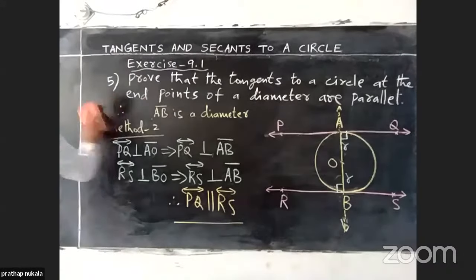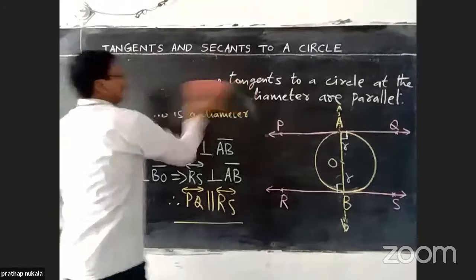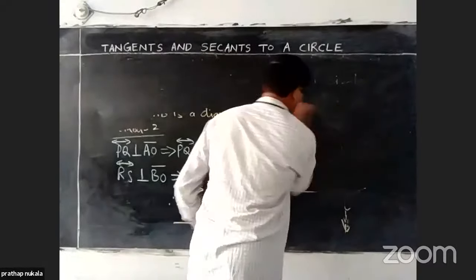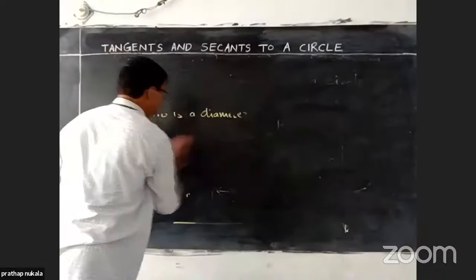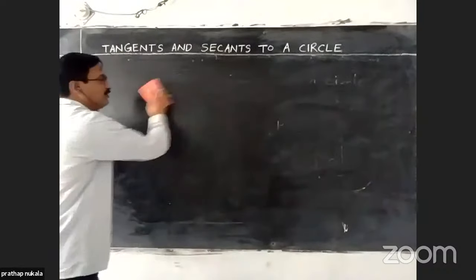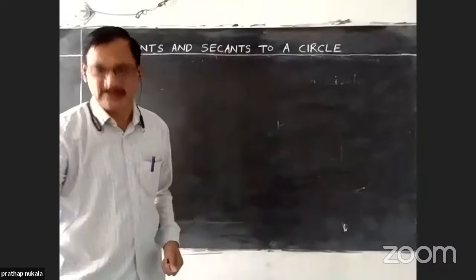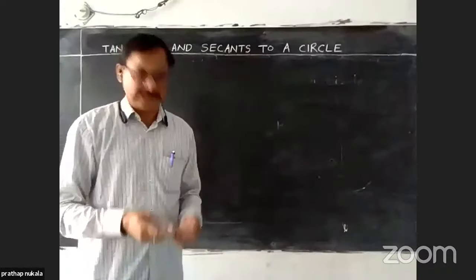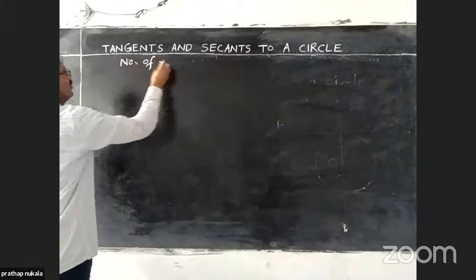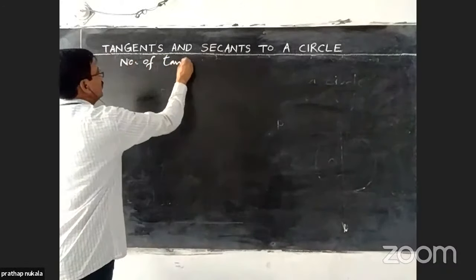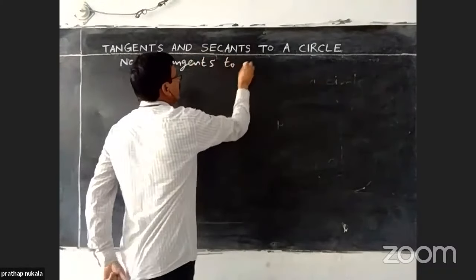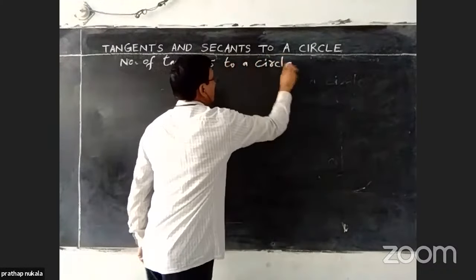Now we are going to discuss another concept or topic of tangents and secants, that is, number of tangents to a circle from any point.